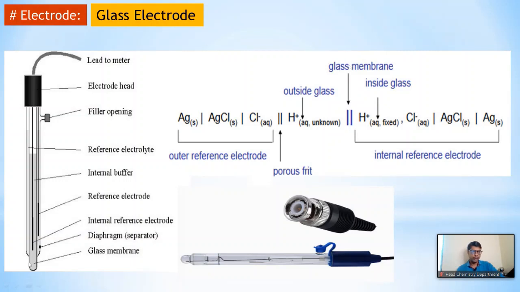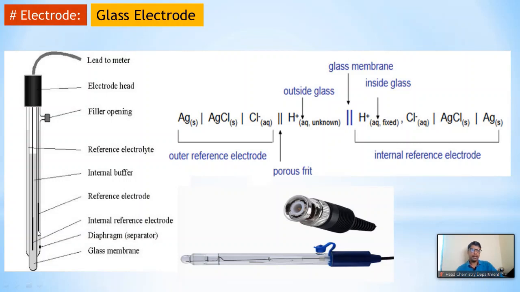Then you dip this assembly into a solution of unknown H plus ion concentration, the solution present in your beaker. Again, this solution is combined with the second outer reference electrode. In this way, you can construct a simple electrochemical cell.